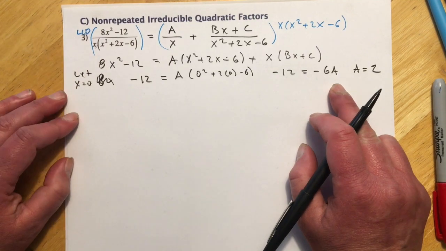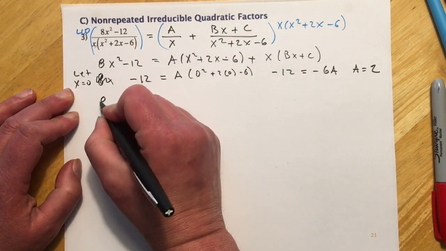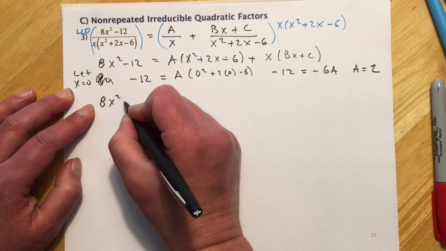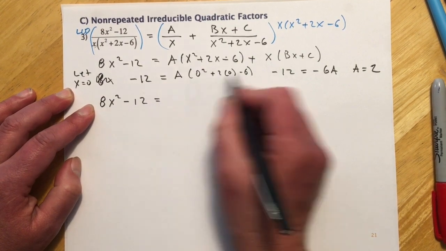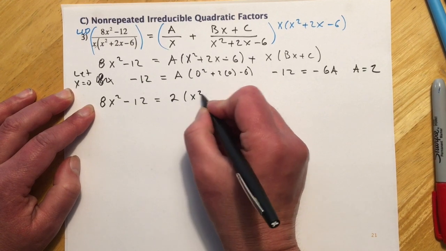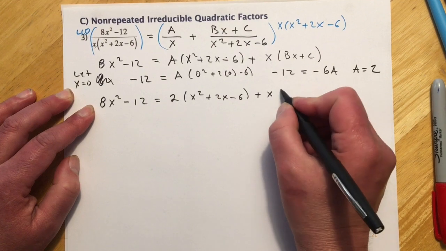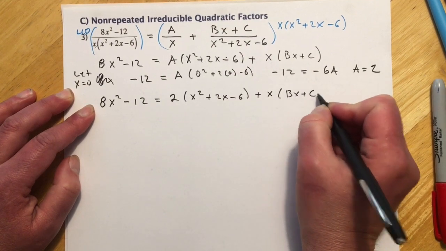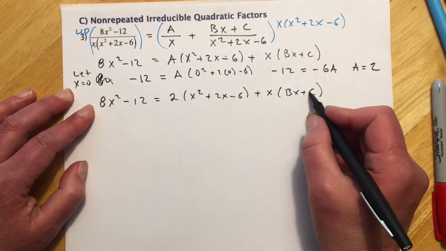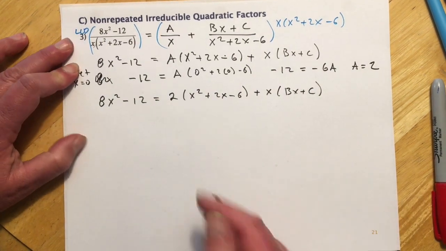So then once I know a is 2, I'm going to plug that in right here. I'm going to have 8x squared minus 12 equals, so this is now a 2, and then x squared plus 2x minus 6 plus x times bx plus c. And then I'm going to distribute, and I'm going to get this thing organized a little bit, and I'll show you what I mean by that.